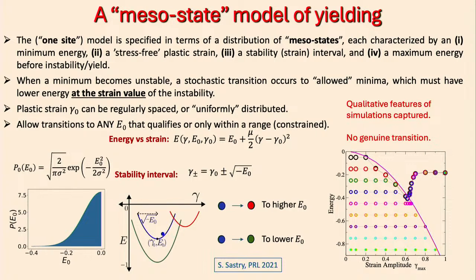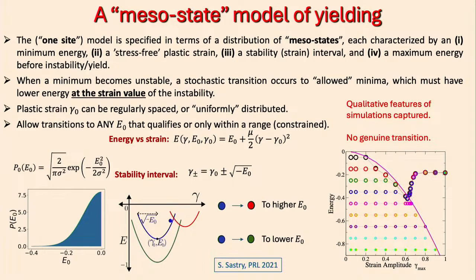Okay, that other minimum under athermal conditions would have to be a new mesostate which has at that strain a lower energy. Now if all these parabolae had the minimum at the same strain value, that's one simple situation, but because of plasticity, the stress-free arrangements of atoms can be at a finite strain, right?